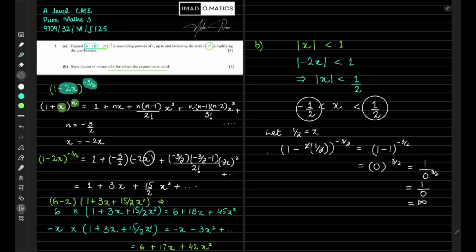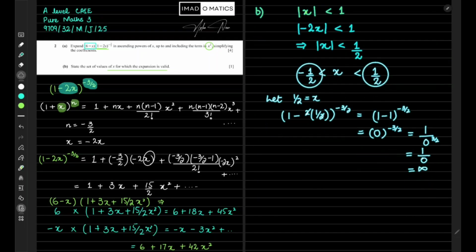Now look at the negative 1 over 2. Does your expansion stay valid for negative 1 over 2? Let minus 1 over 2 be equal to x.